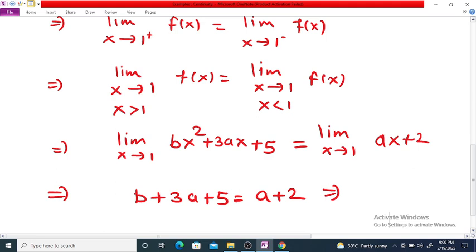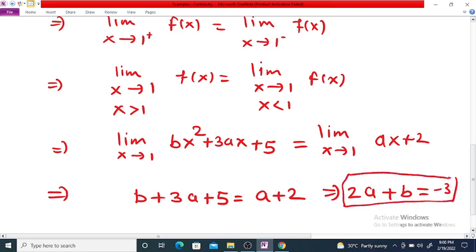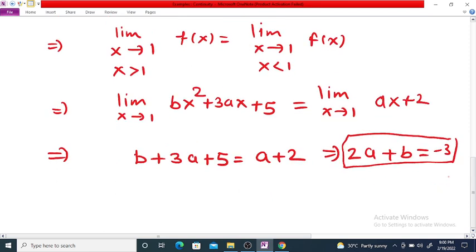From this we get thrice a minus a, that is twice a, plus b is equal to 2 minus 5, that is minus 3. So we get the first equation: twice a plus b equal to minus 3. Similarly, f is continuous at x is equal to 2.